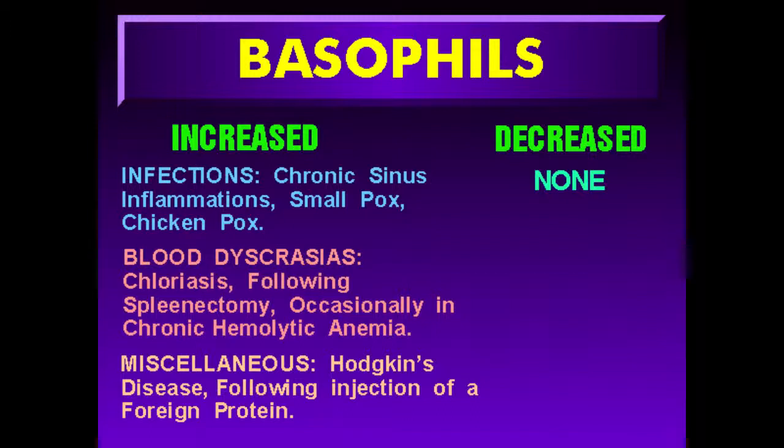High levels attend various blood dyscrasias, sometimes in chronic hemolytic anemia, in chlorosis of the liver, and following splenectomy. It has been observed in Hodgkin's disease and following the injection of foreign protein. In an ideal test, there would be no basophils present.